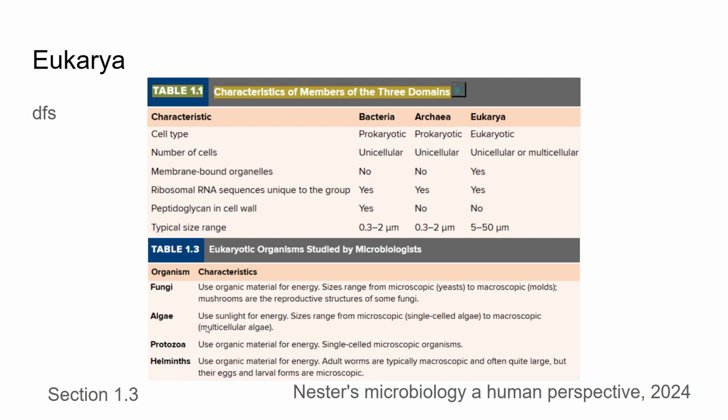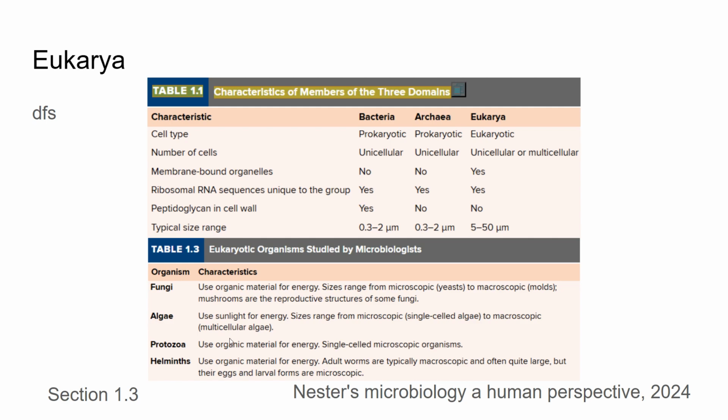Algae are typically going to be photosynthetic and use sunlight to produce energy. Protozoa are going to be single-celled microscopic organisms. They're going to use other materials for energy. So think like amoebas. And helminths are going to be like worms that infect your body. And their eggs and their larval form are microscopic.